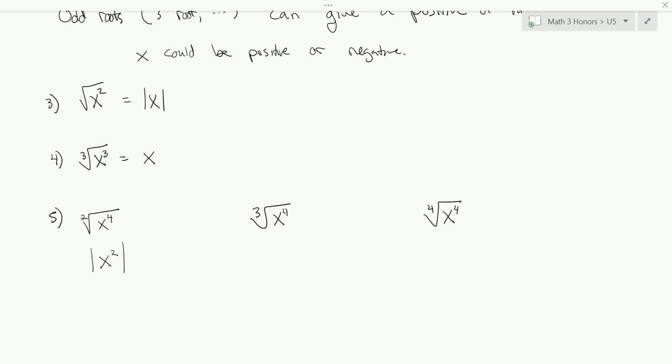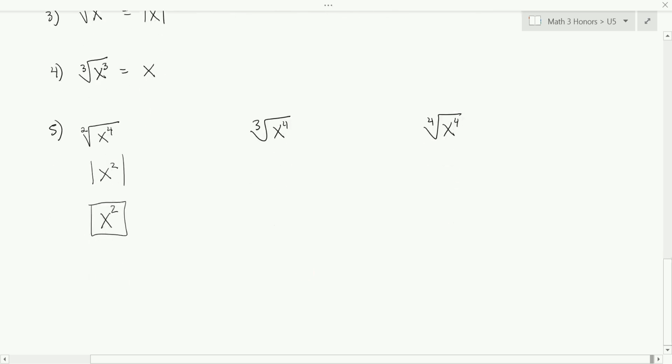No. In this case, we don't need the absolute value because we're squaring a number, and squaring a number gives us a positive answer. And so that's why we drop the absolute value.